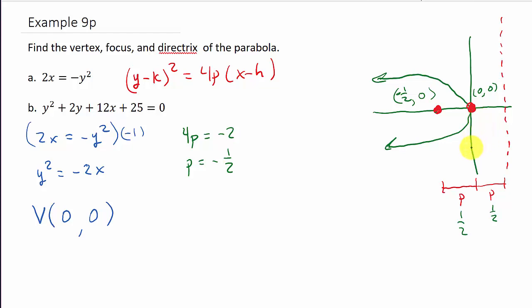All right, now if we go to the right, we're adding a half to that x. So that x value would be 1/2. So we've got the focus.